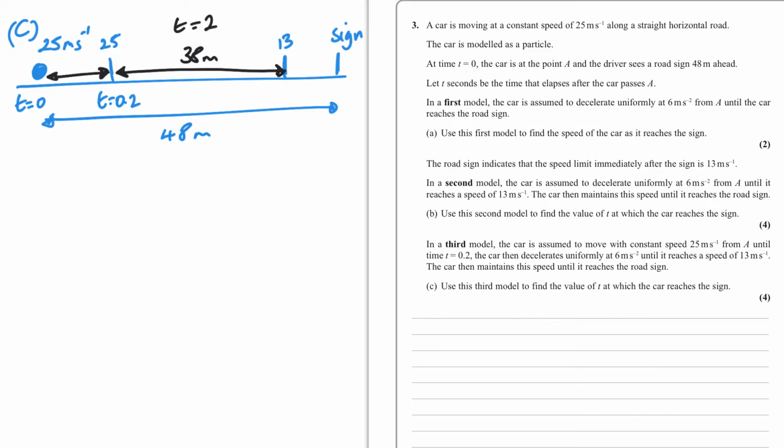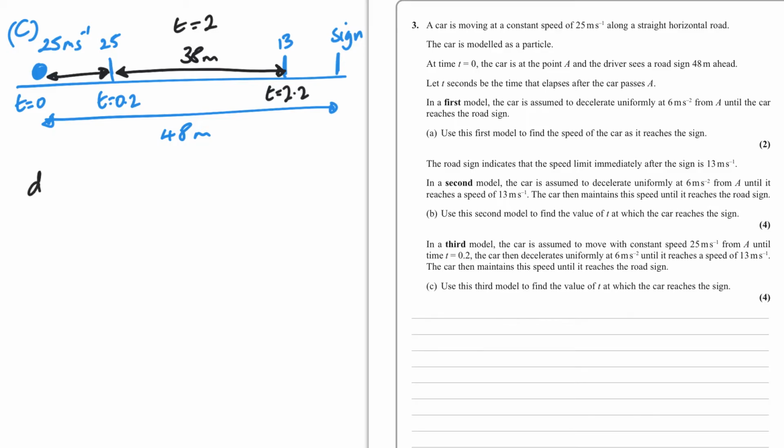Don't make the mistake of thinking it takes the 2 and 10 over 13, because the 10 over 13, remember, was the last section in the last question. And if I added that time onto my 0.2, I could see that at this point it's taken 2.2 seconds.